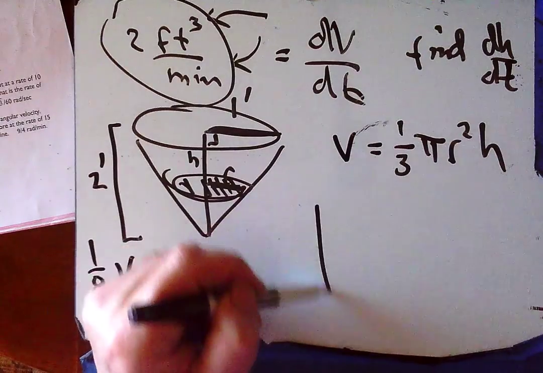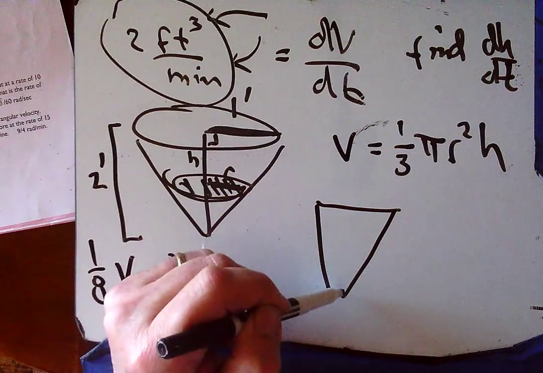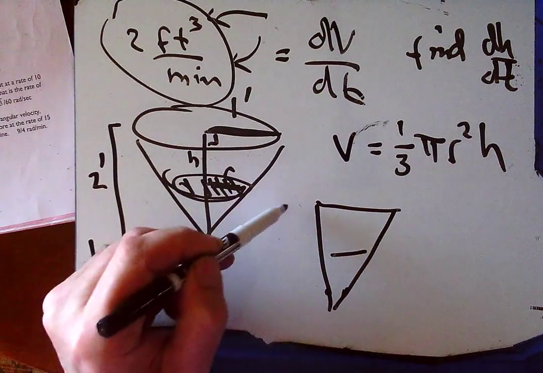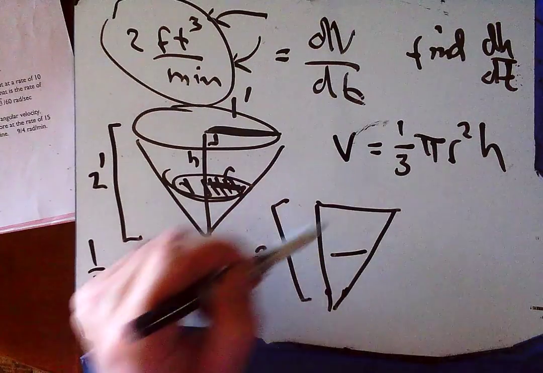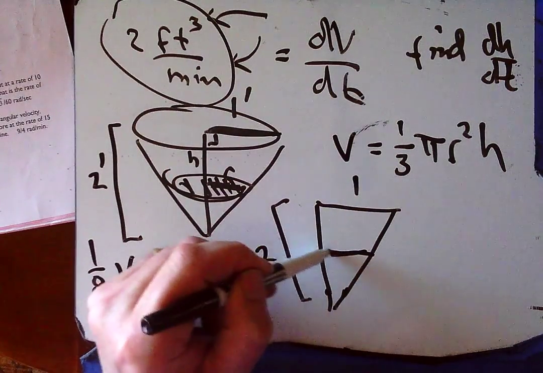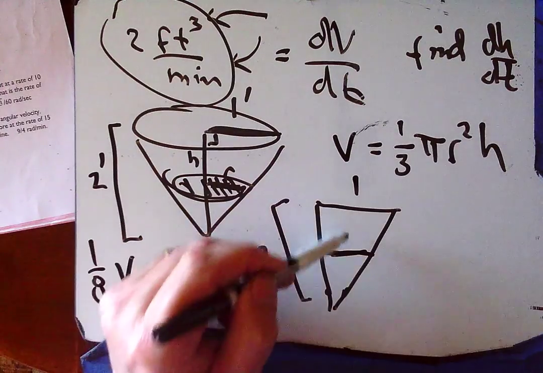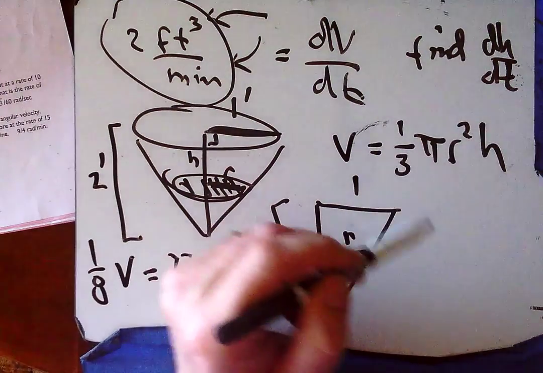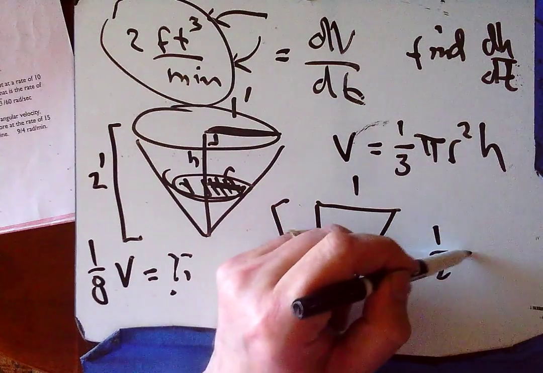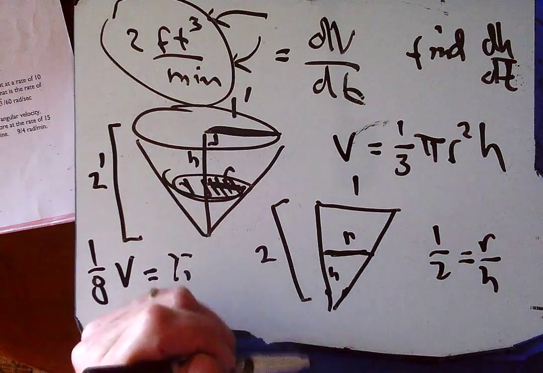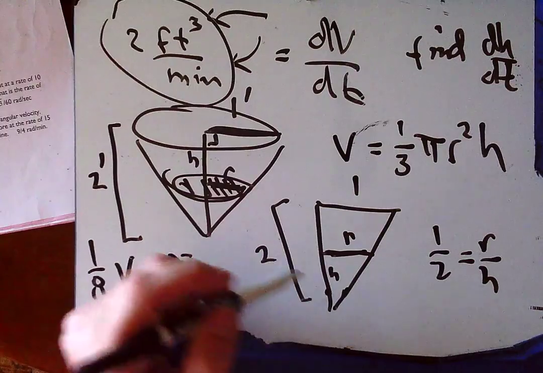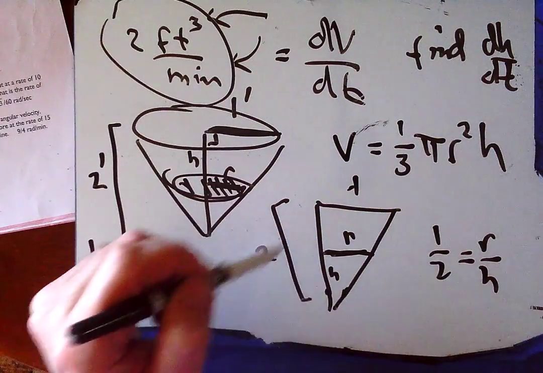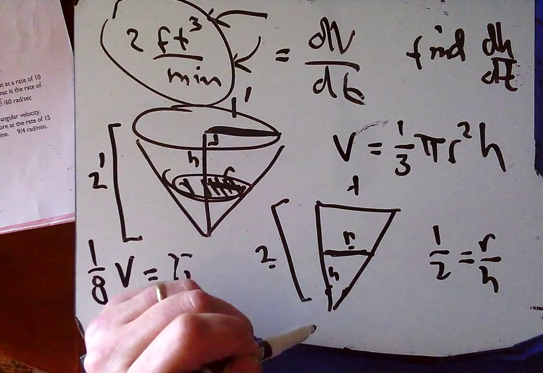So I'm thinking in terms of similar triangles. All right, I know that this is 2 and this is 1, but here this is r and this is h. So I could say that 1 is to 2 as r is to h, right? Because I'm saying this is to this as this is to that.